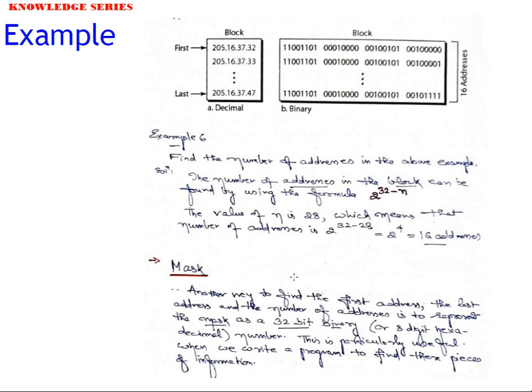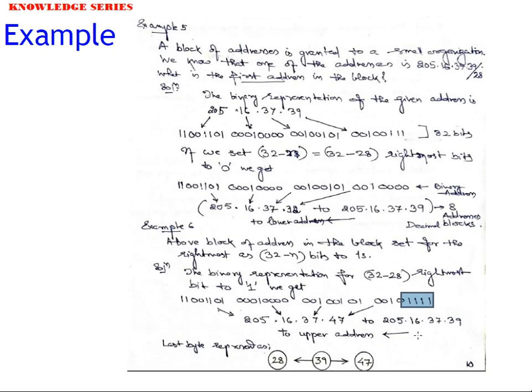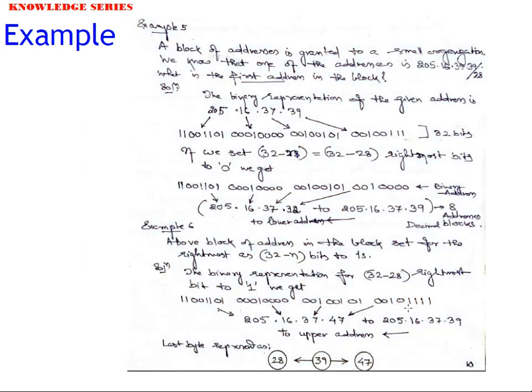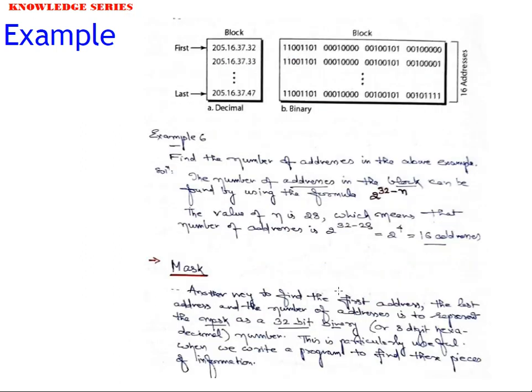Mask is the way you can find the first address and the last address. What we have seen in this example is by calculating at the bit level. But in the mask we use the AND operation or OR operation to find the first address and the last address.